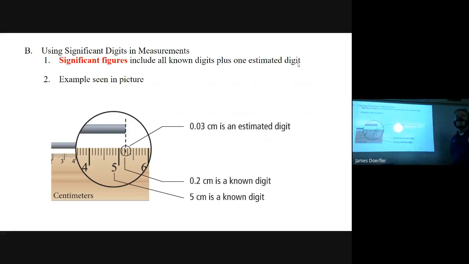We could have said 0.02, sorry. So overall, we would report this measurement as 5.23 centimeters, with that last digit being our estimated, okay? So when you measure stuff, that's how you go about it, okay? You always write what you know and estimate your last one.